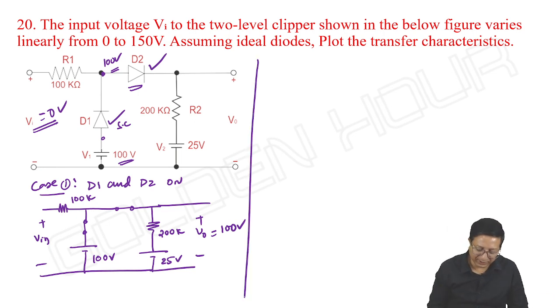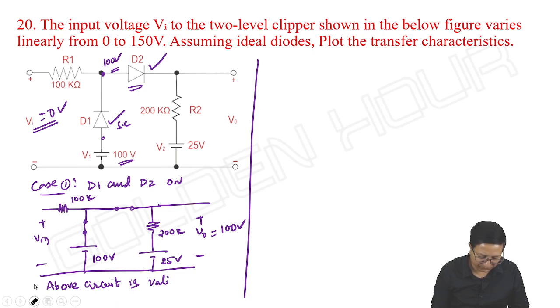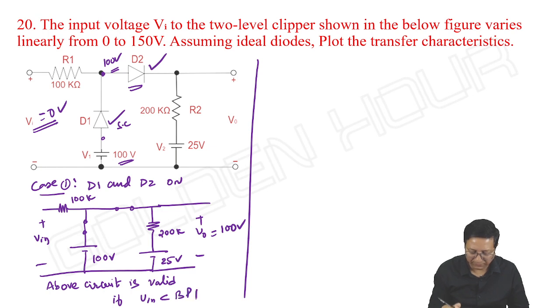Okay, so the above circuit is valid if input is less than breakpoint 1.